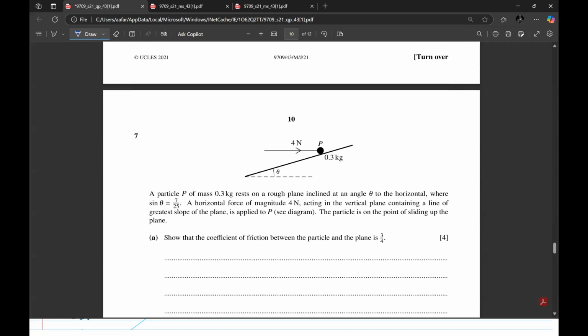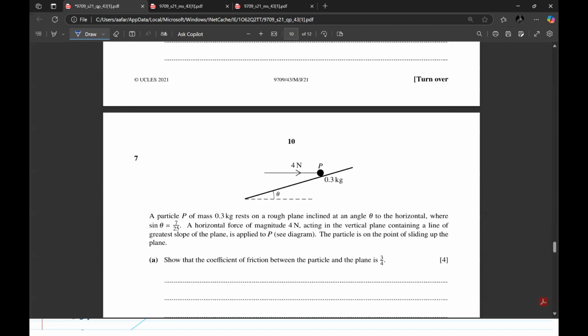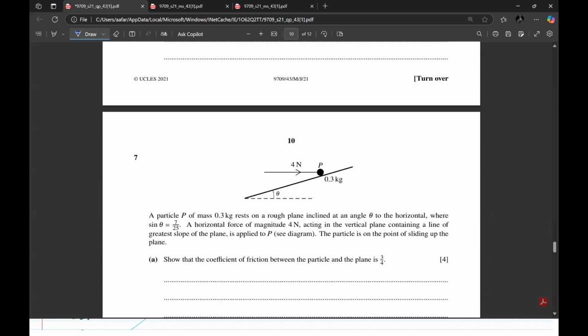Particle P of 0.3 kg rests on a rough horizontal incline at an angle theta to the horizontal, where sine theta is equal to 7/25. Okay.